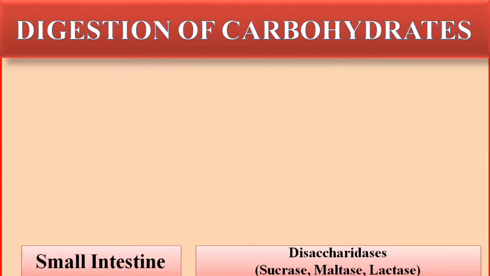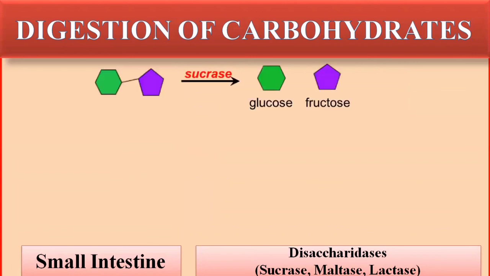The disaccharidases or glycosidases secreted by the small intestinal juice include sucrase. Sucrase acts on sucrose, breaks the glycosidic bond in sucrose and converts it into glucose and fructose.